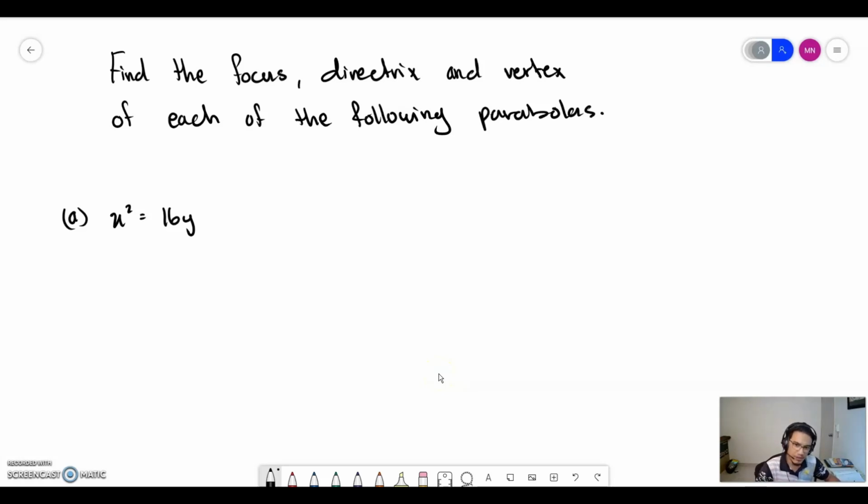We want to find the focus, directrix, and vertex of each of the following parabolas. Okay, for question A, we have the equation x squared equal to 16y. Firstly, we have to identify whether this parabola opens horizontally or vertically. So first we observe the equation, x squared equal to 16y.